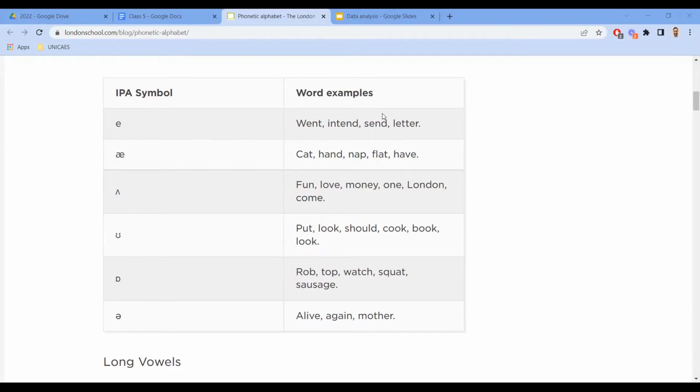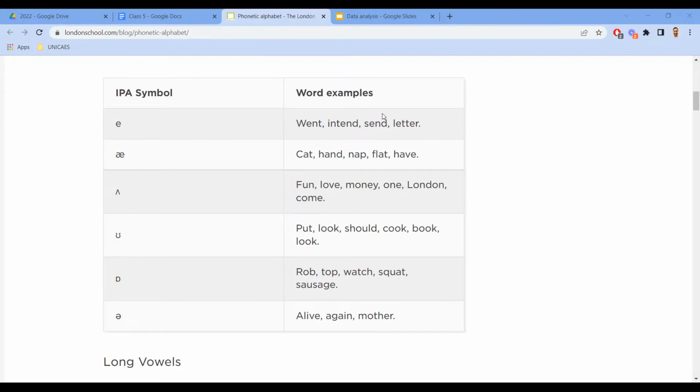So knowing the IPA will help you a lot, because then you are familiar with the symbols. You only need to go to the beginning of the dictionary, or go to the website and check the symbols. For example, in this website that I'm sharing with you, the sound in this case is represented with the normal symbol, like in Spanish.